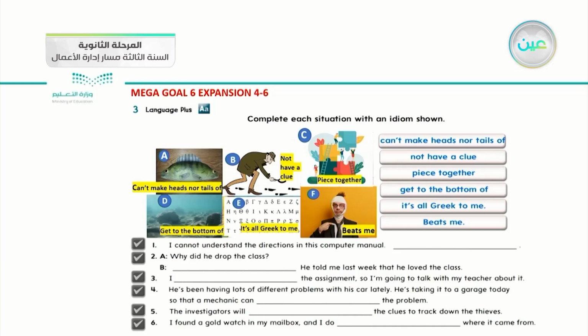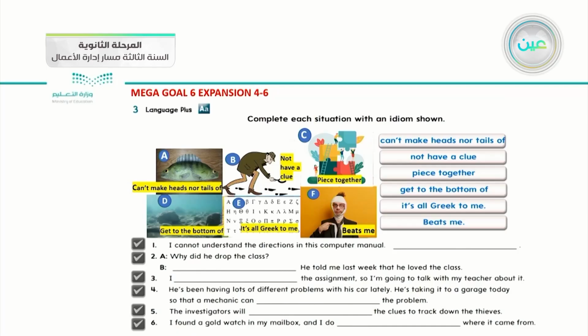It's all Greek to me, which means it makes confusion for me. I can't understand this language. And the last one, pets me, which means that this is something that makes my mind confused, and I can't focus, and I can't expect the end of those things. That's what we call it, pets me.